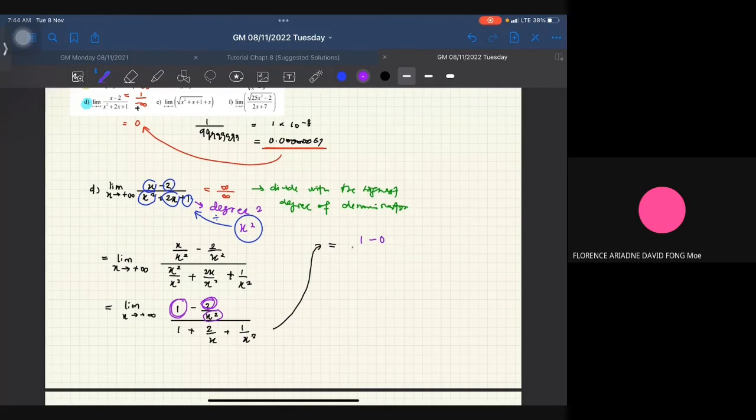And then divide with your denominator. So your denominator is 1, and then plus with 2 divided by positive infinity, you will get 0. And then 1 divided by x squared, 1 divided by infinity square, you will also get 0. So your answer for this one is 1. That is for question D.